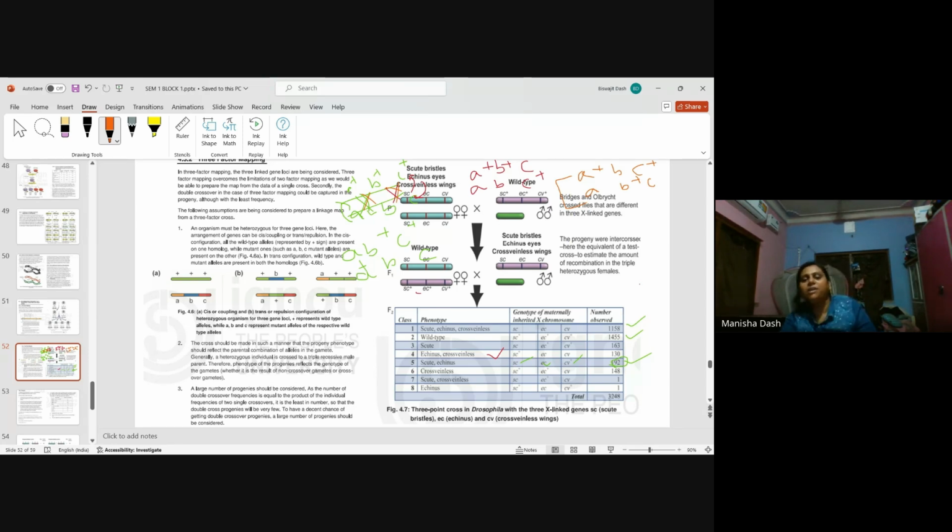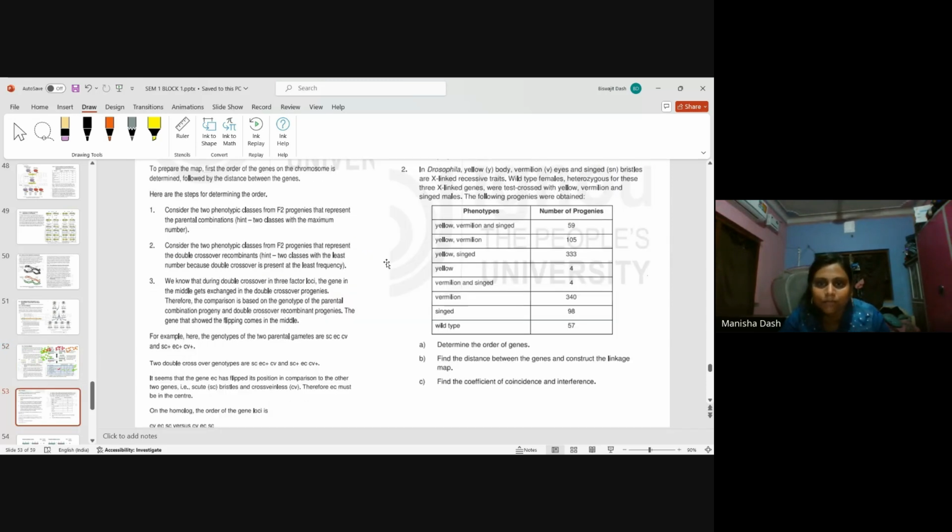So now how will you identify it in a problem that is given? I will actually use this problem to make you understand. Now here you have a question, right? If you see carefully, what is the highest number that you are observing in this table? Now the number is 333 and 340.